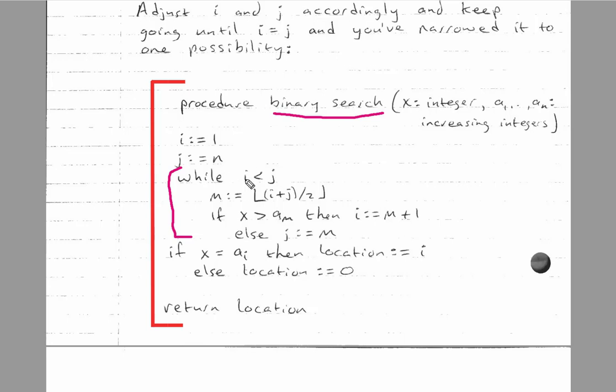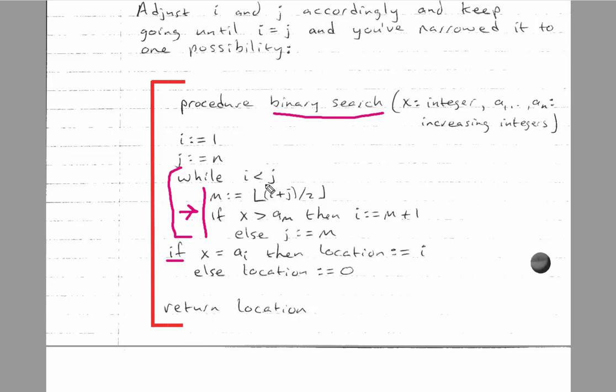So when this while loop is finished, then this if line is next. This indented part here is what gets repeated in the while loop.